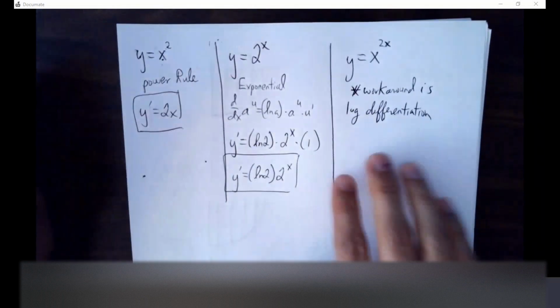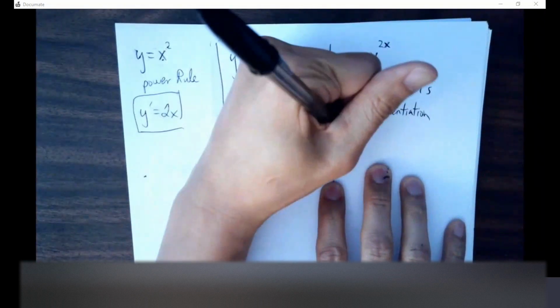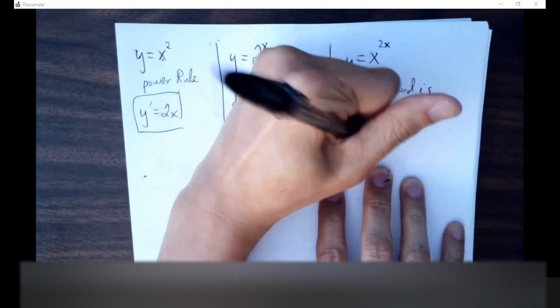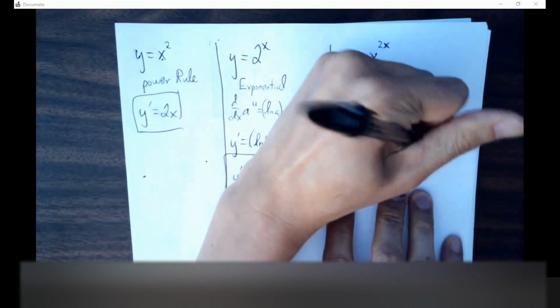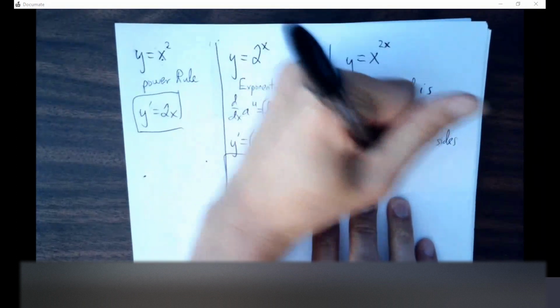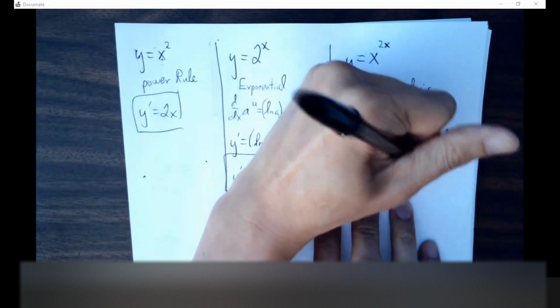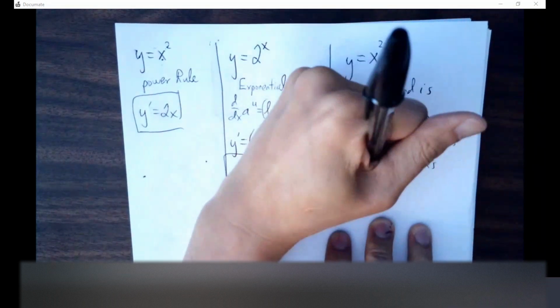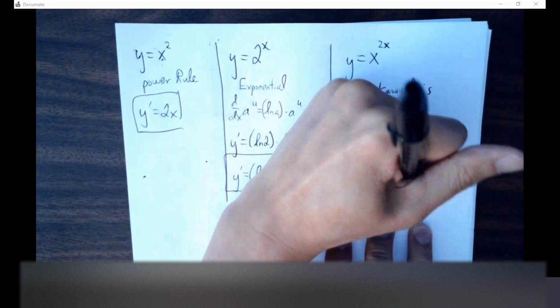Okay, so here are the steps that we're going to do. Number 1, take the natural log of both sides. Number 2, use log properties. Typically, we use the power property. Bring that exponent down.